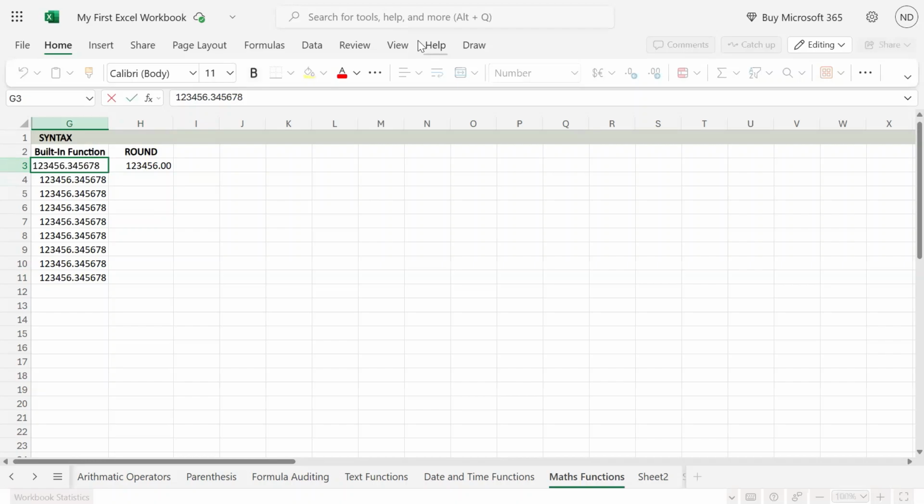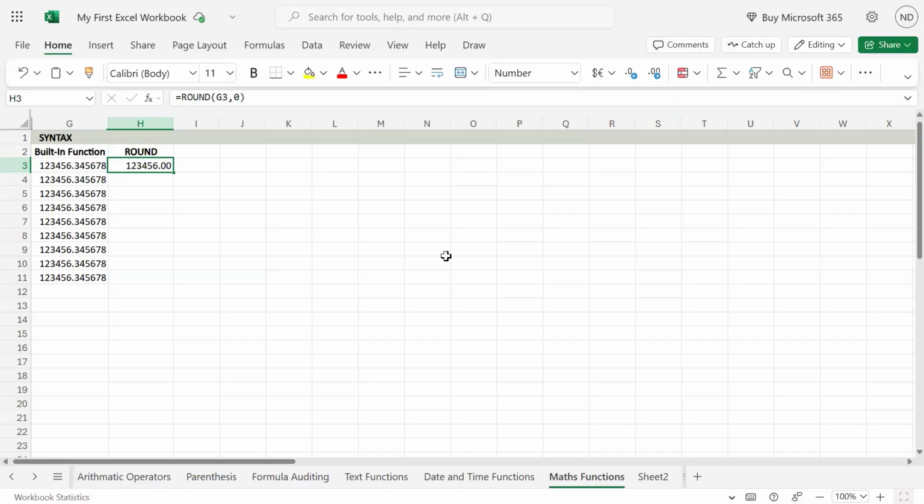So after this point, it removes all the decimal places and adds 0 to it. So it removes all the decimals.